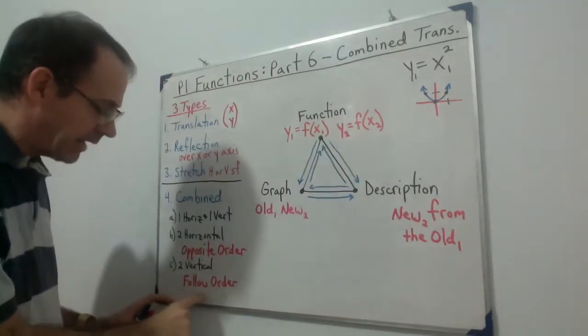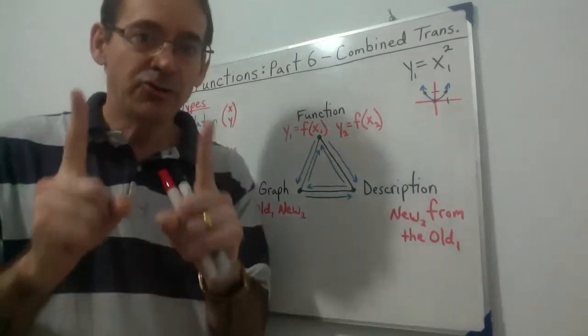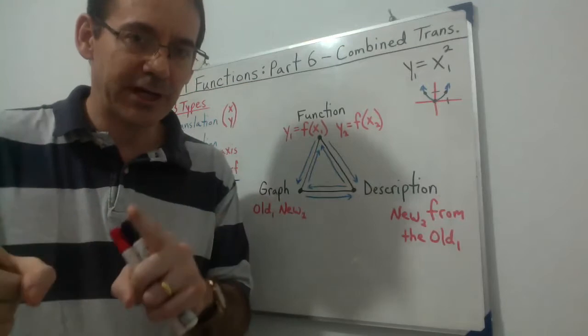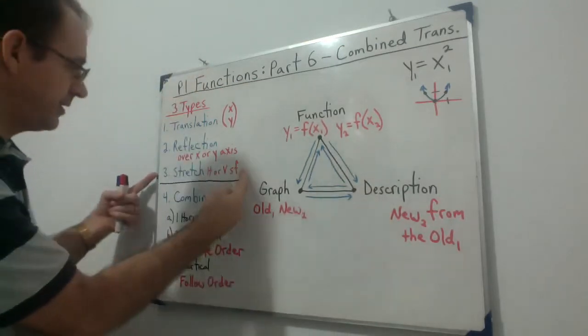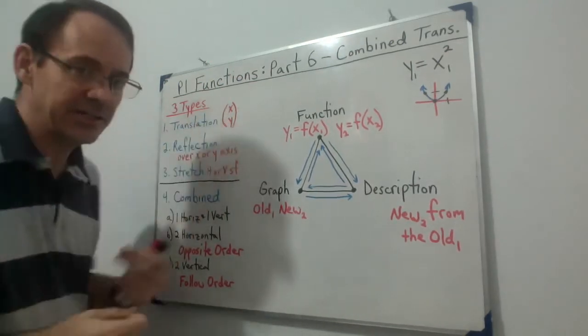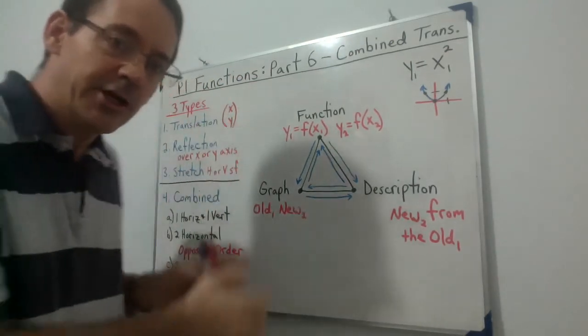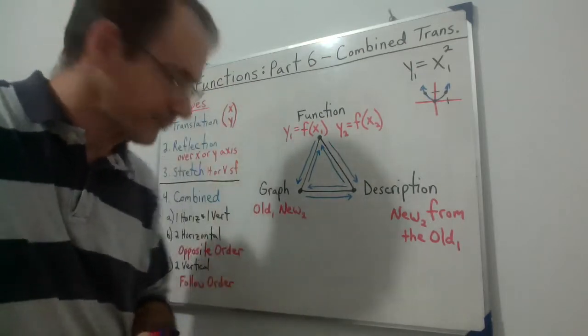So you follow the order of operations if you happen to have two vertical transformations. So in other words, if you have a multiply, which would be like from a stretch, and you have a translation, which would be an add or subtract, you're going to do the multiply first, and then you're going to do the add or subtract.